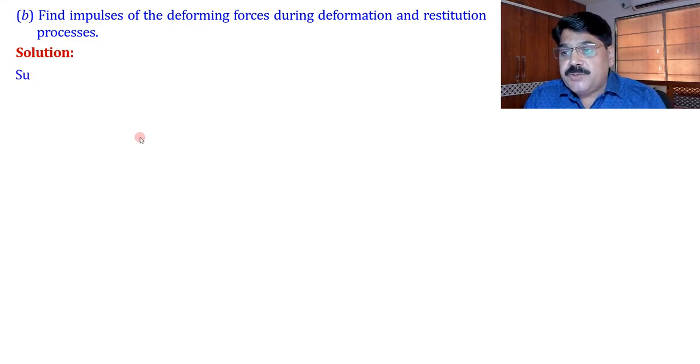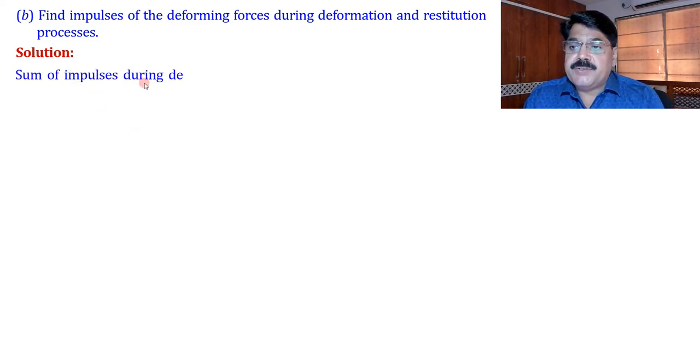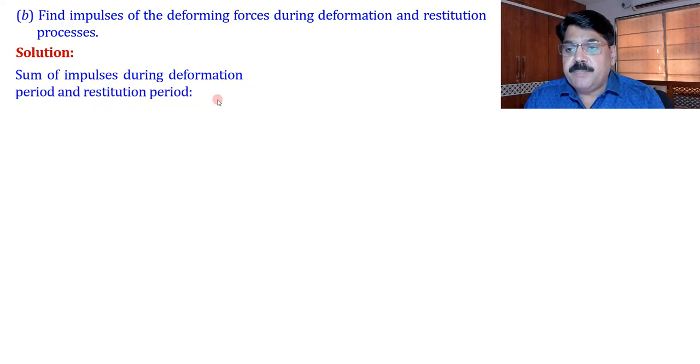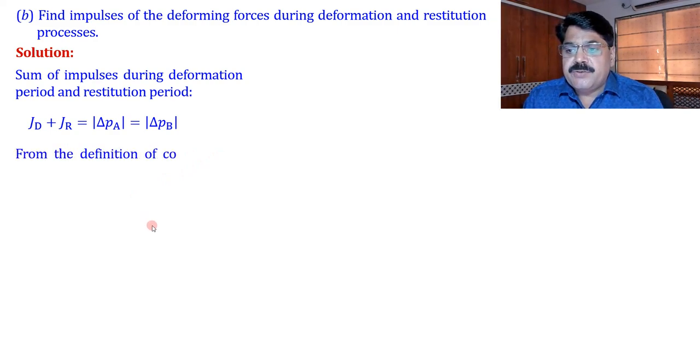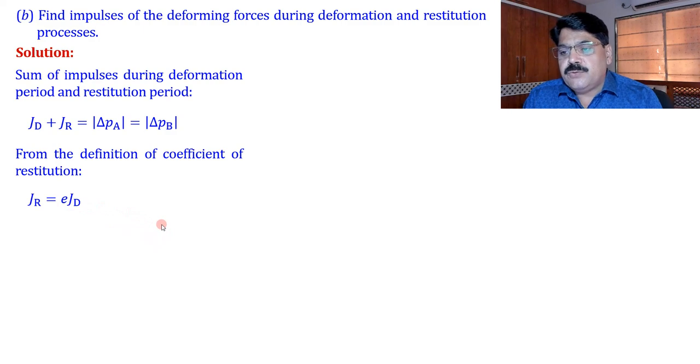So let us proceed here. The sum of impulses during deformation and restitution periods is JD plus JR equal to delta PA or delta PB. And from the definition of coefficient of restitution, we know JR is equal to e into JD. So what we can write?